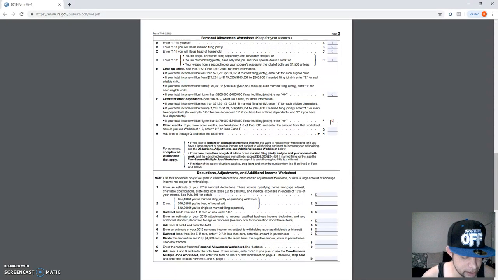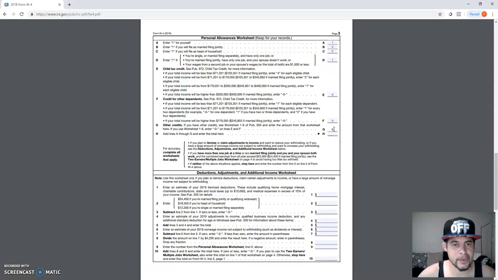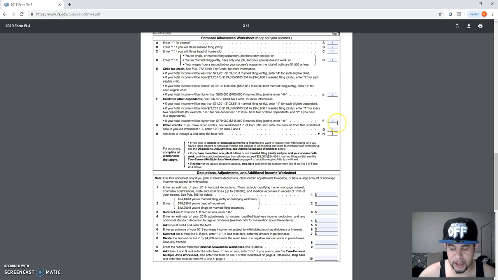Other credits, I also put 0 as well. All right, so here on H, it says add lines A through G and enter the total here. Basically, I only have A and D, which gives me 2, right?